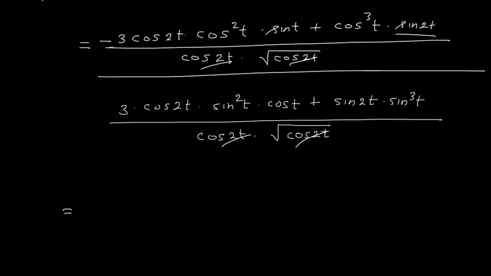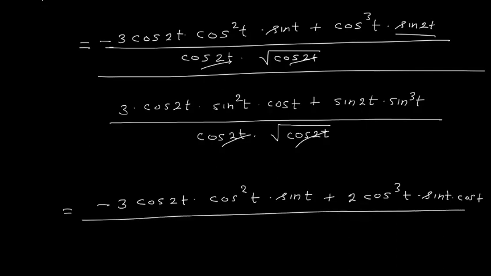Here the numerator is minus 3 cos 2t into cos square t into sin t, plus 2 into cos cube t into sin t into cos t.